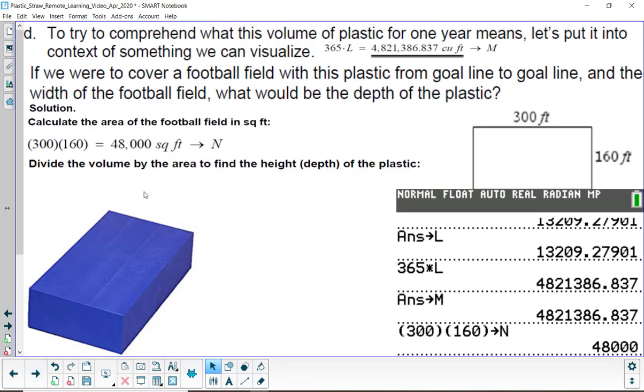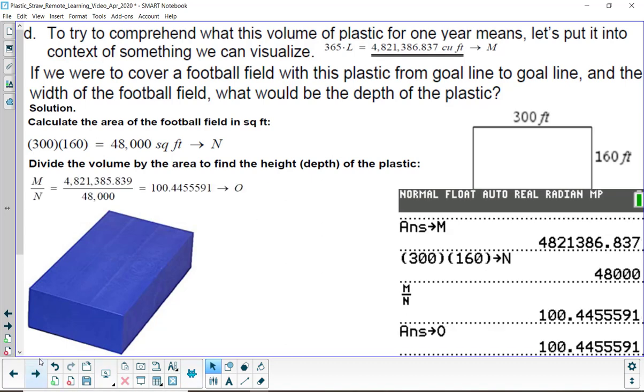We need to divide the volume by the area to find the height. Remember, length times width times height. So we need to divide by the length times width to get to the height, the depth of the plastic. So that would be what we had in M divided by what we just found in N, and that will give me the height of this plastic box, so to speak, solid here.